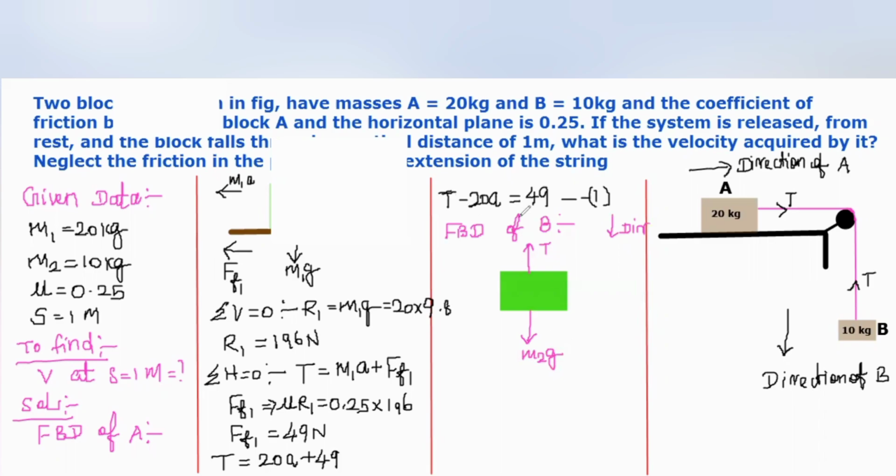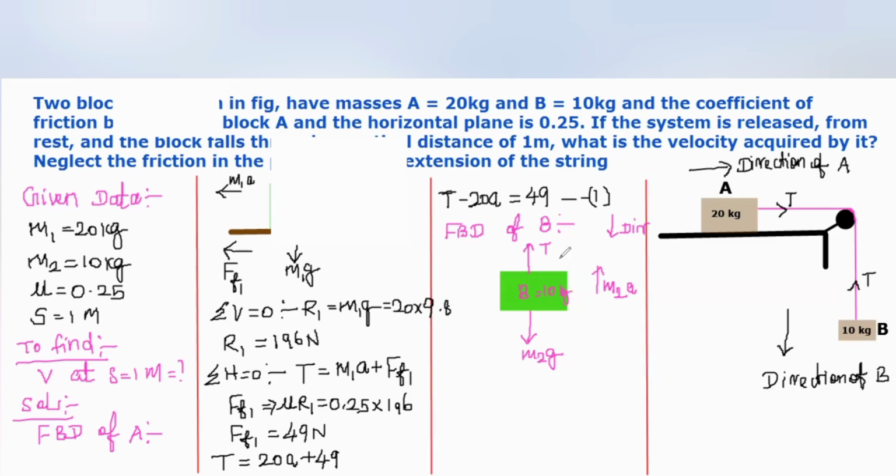And the inertia force, as per D'Alembert's principle, will act opposite to the direction of motion. Here the direction of motion of object B is downwards, so the inertia force M2A, the product of mass and acceleration, will act upwards. So these three forces will act on object B, which has 10 kg.